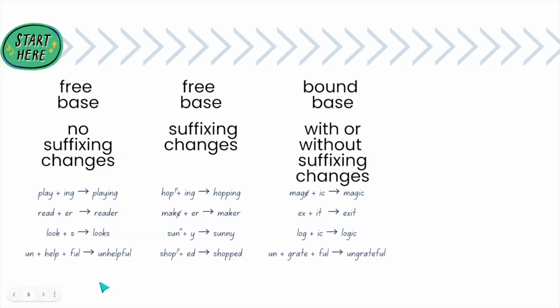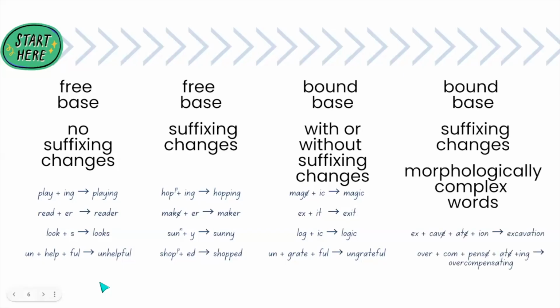Then once we have a sense of what that looks like with some simple bound base words, now we get into more morphologically complex words where we might have two prefixes and two suffixes. We might have the base or the base element at the beginning of the word, followed by multiple suffixes after that.